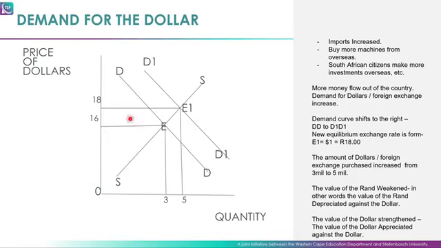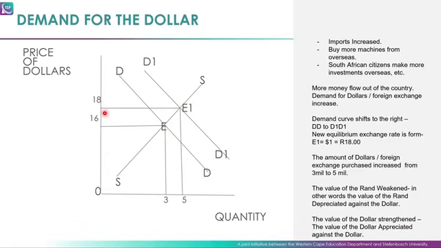Originally, it was 16 rand to the dollar, and at that point, the equilibrium was at $3 billion, right? And then there was an increase in the demand for the dollar, and therefore the price of the dollar changed from 16 rand to 18 rand a dollar, which also then shifted the equilibrium from E to E1.